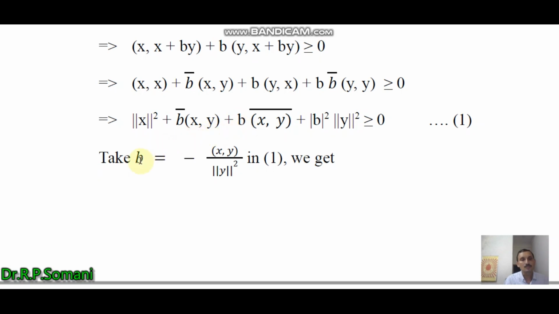So here we choose this b as a particular case so that we will get the required result. For this, take b equal to minus the inner product x, y upon norm y square. Because we have taken y non-zero, this denominator is non-zero.